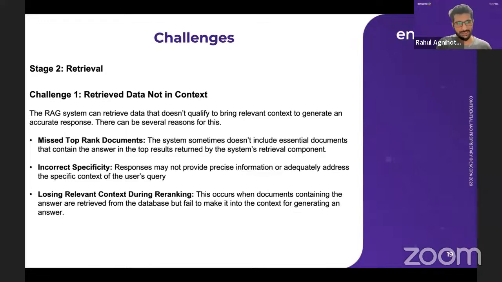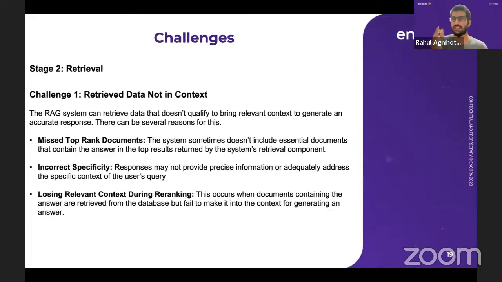So let's go point by point. You miss a top rank document. Maybe there was a document which had the right answer, but you completely missed it, and it is not even in the 10 retrieved documents. You're not going to get the right answer. Or maybe the answer is distributed across the documents.